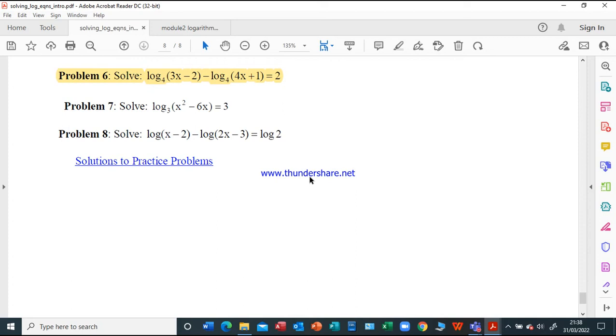So for me, there is a certain step where I've stopped. I don't know how to proceed. Because I said x is 3 times negative 18 over 61 minus 2.